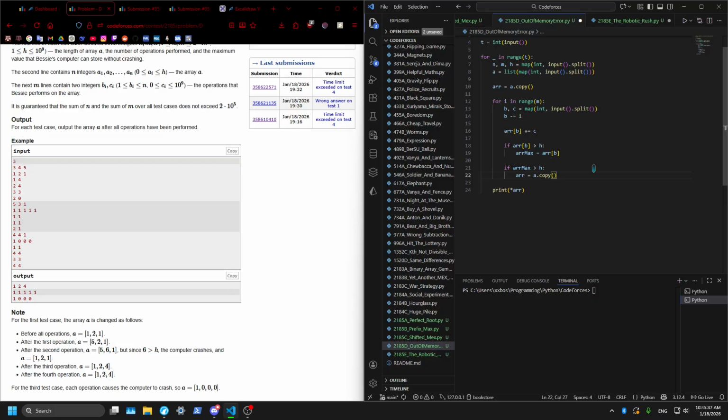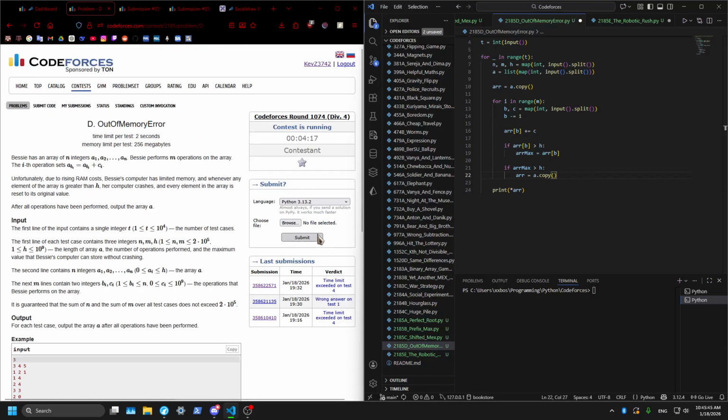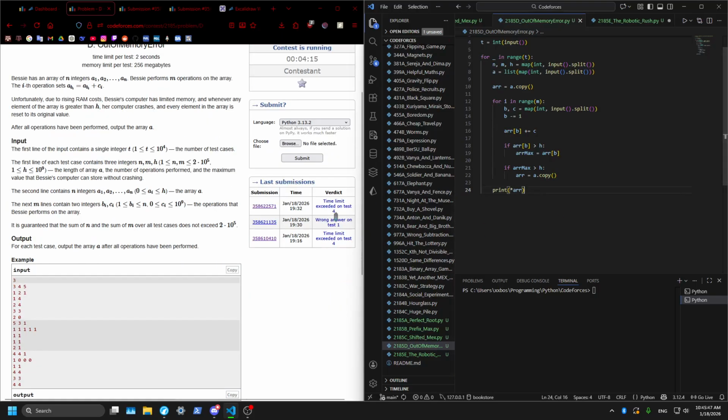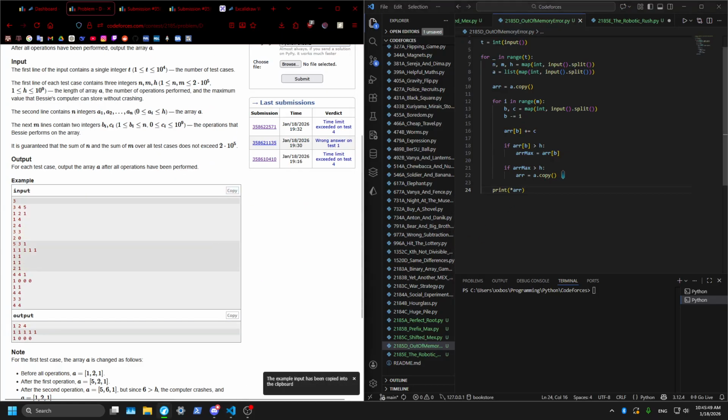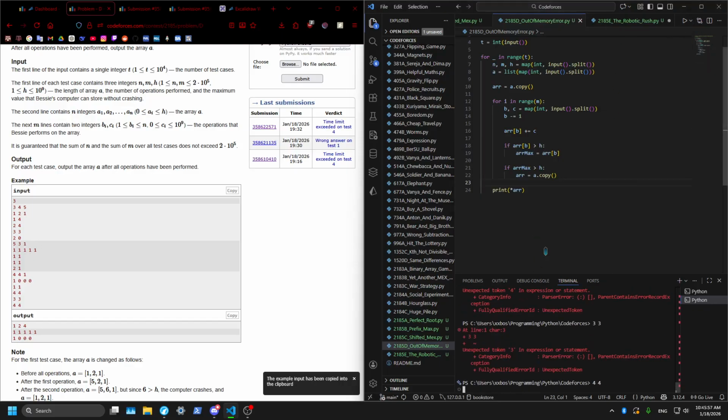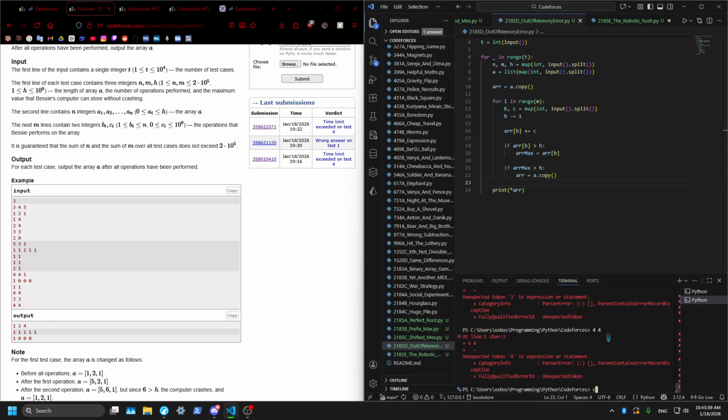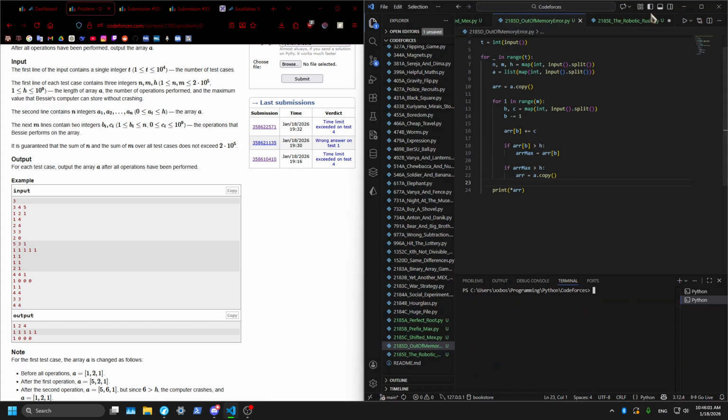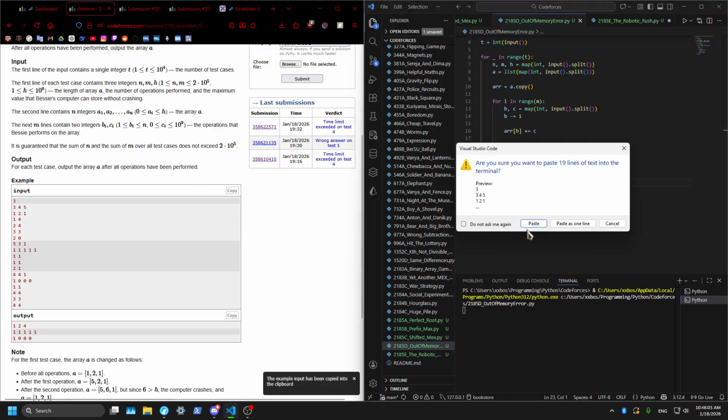Now it was like O of NM over 2, or it's like 2 because we have copy 2N or something. But we get rid of the max operation.